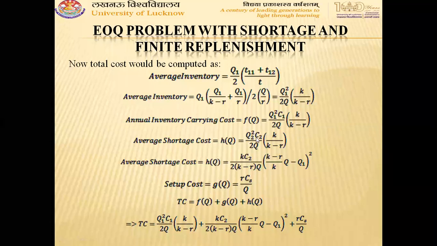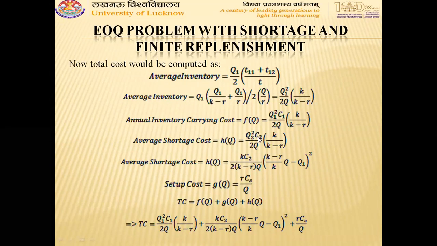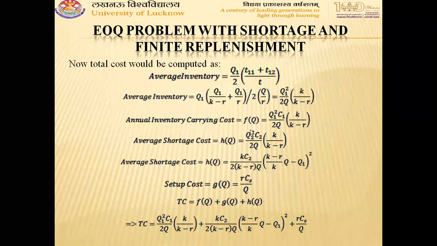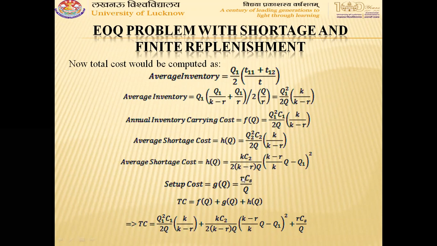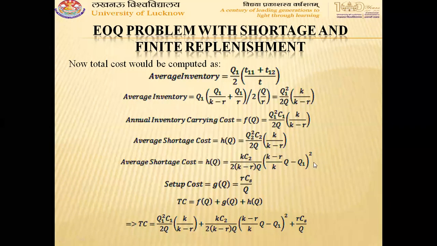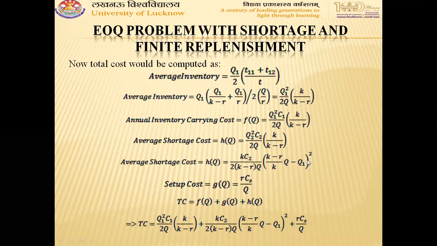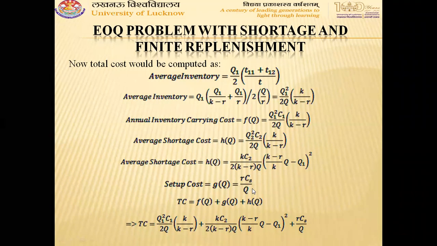Now we put the value of Q2 in terms of Q and Q1 from equation 3. So average shortage cost will become K C2 upon 2 into K minus R Q into K minus R upon K, into Q minus Q1 whole square. And setup cost will become, here instead of D CS upon Q, I have taken R CS upon Q to make the calculation easy.